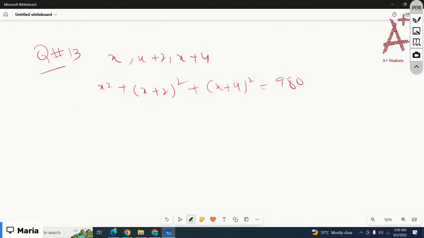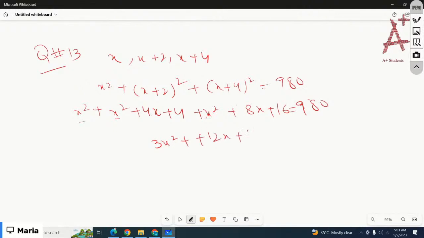So just evaluate x square plus 4x plus 4, 8x plus 16 equals 980. x square, x square, x square, 3x square, 8 and 4, 12x plus 16 minus 980 equals 0.